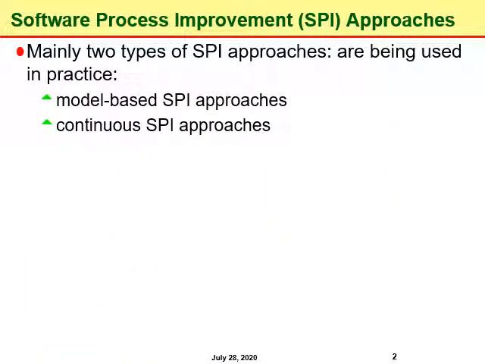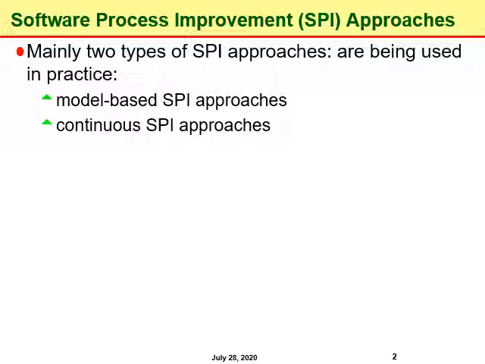A lot of organizations face a multitude of problems when it comes to creating high-quality software products. There are, in fact, several reasons for these problems, and a lot of them can be related to processes.